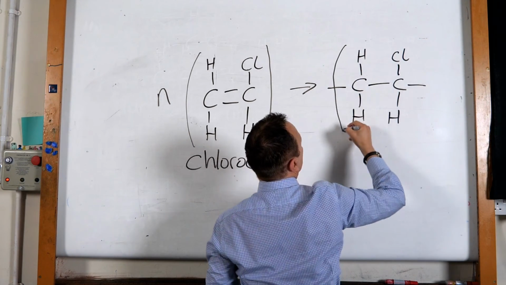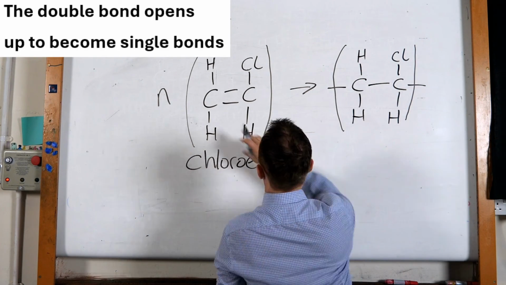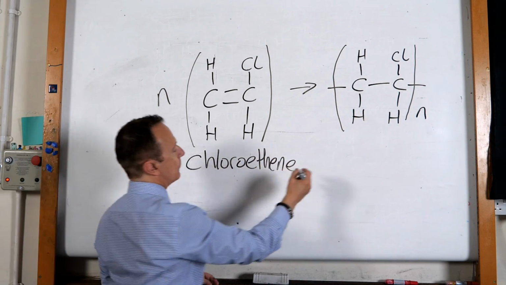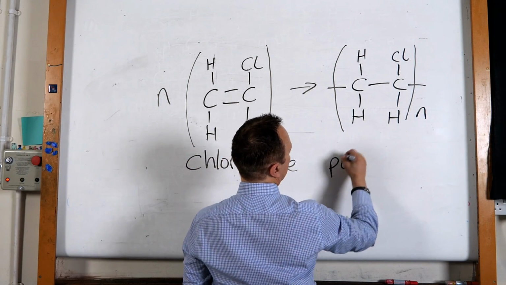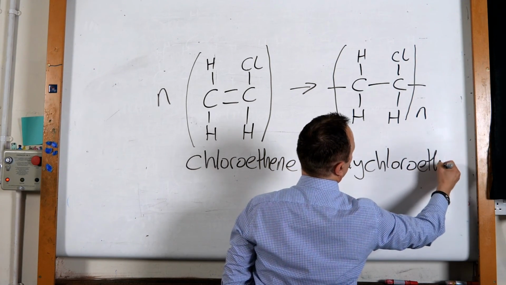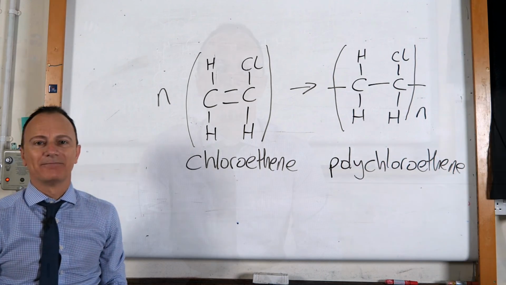We put the brackets on, making sure the double bonds are poking out through the brackets, and the N comes down to there, to show we'd get a long molecule called polychloroethene, which would look like this many times over.